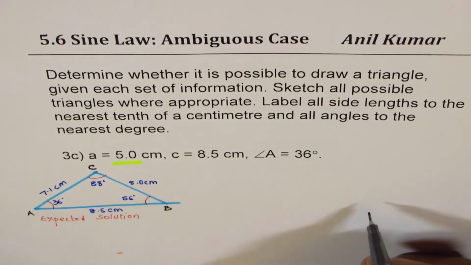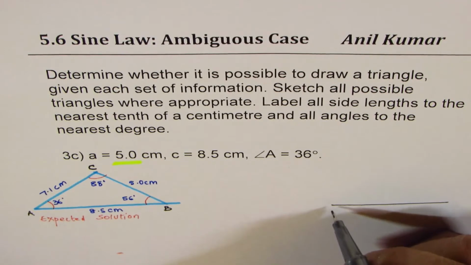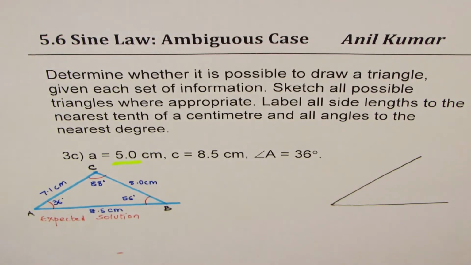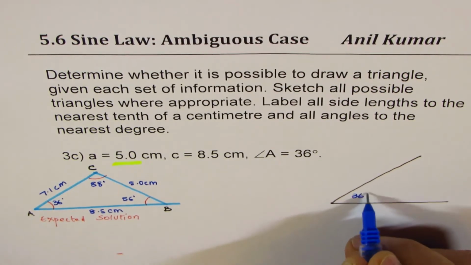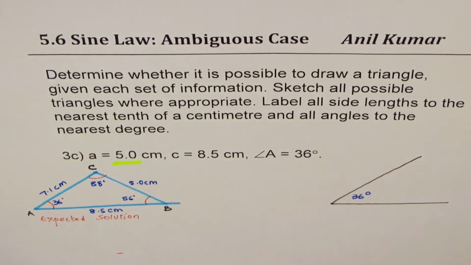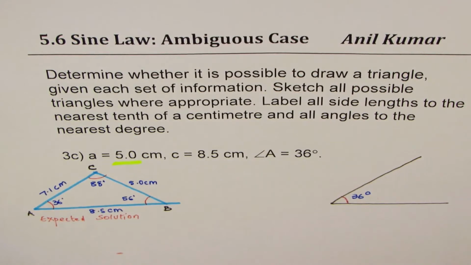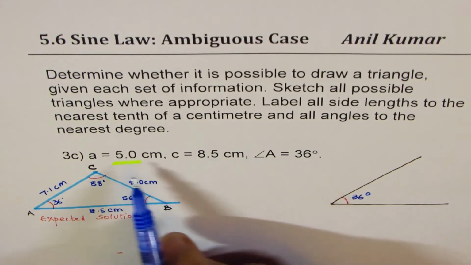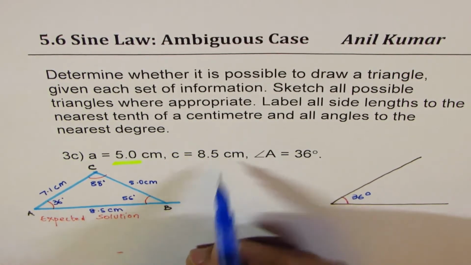If angle A is given, I'll prefer to show it on the left hand corner, right? So let's say I just draw like this, and I'm saying that this is my angle A, which is 36 degrees, right? So angle A is 36 degrees for us, and the side whichever is given to us is one, a itself, which is opposite to this, and the other one is 8.5 centimeters.